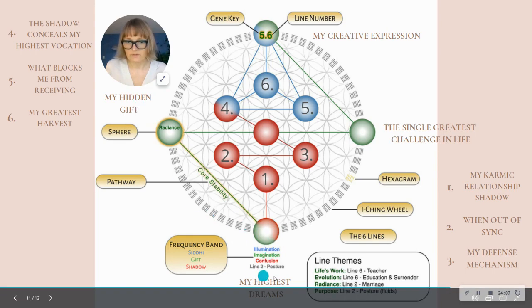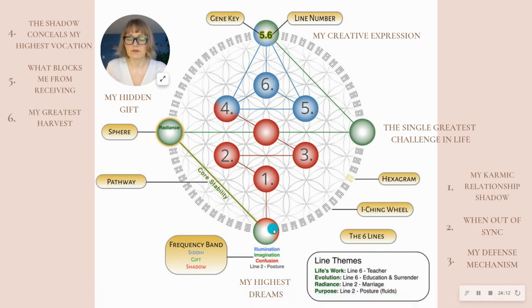Oh, and this one is called my highest dreams. And actually, the name is called purpose. Basically, when you trust your highest dreams, you can manifest that. So check what it says about your gift and your city. And this one expresses through unconditional love.